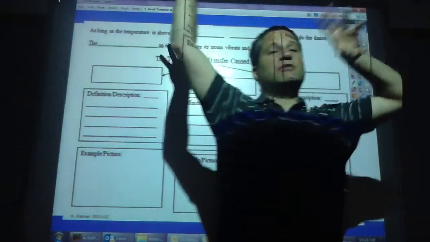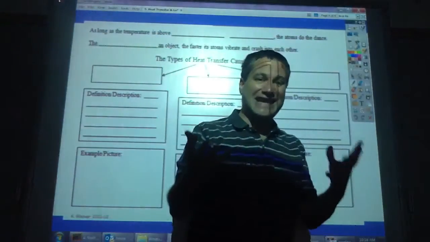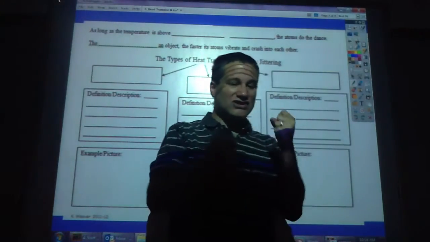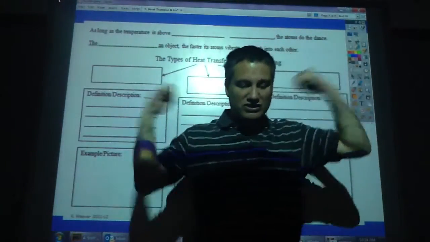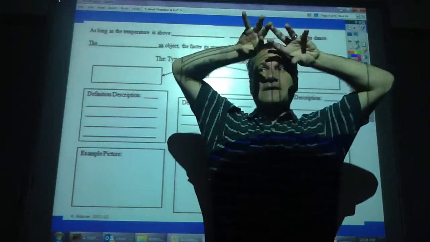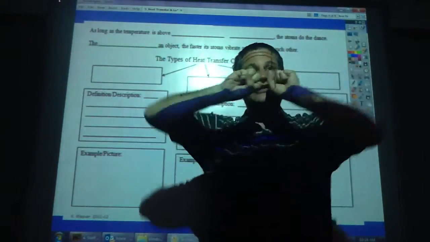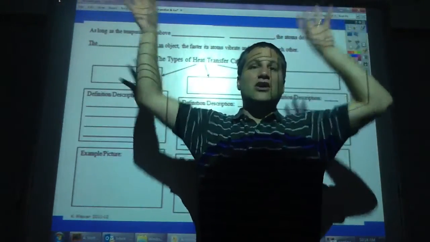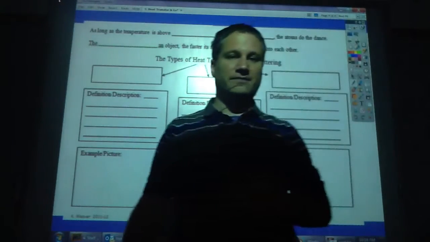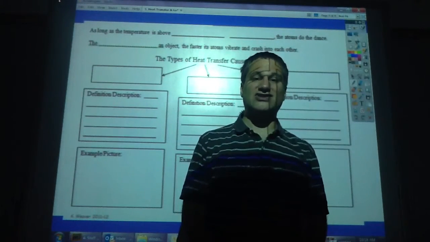If we heat the gas even more, and it has so much energy that the molecules are vibrating so much that the electron shell around the nucleus is released, we call that a plasma. And that's actually the state of matter that's in the sun.